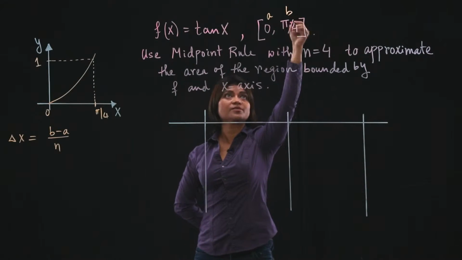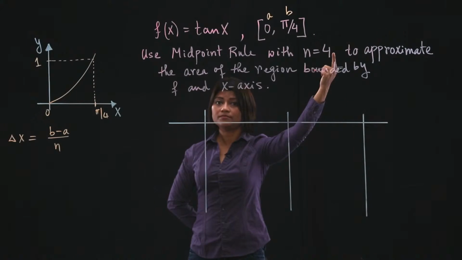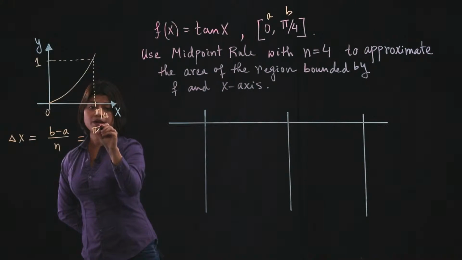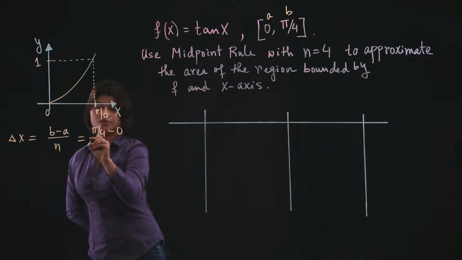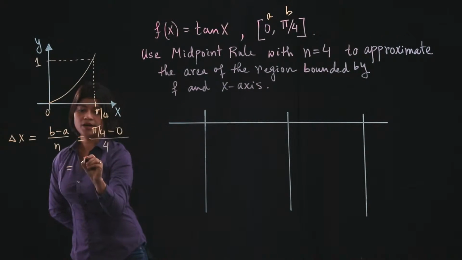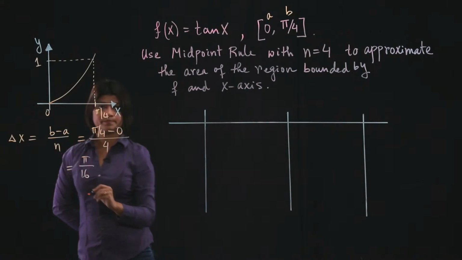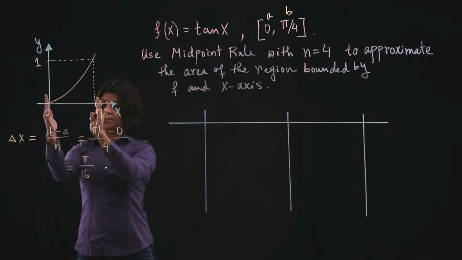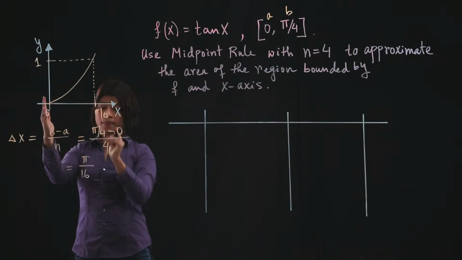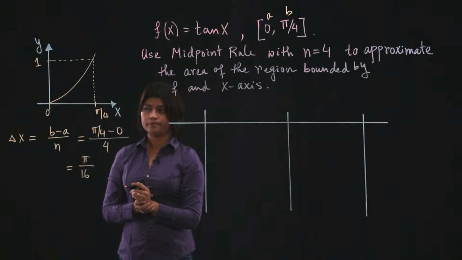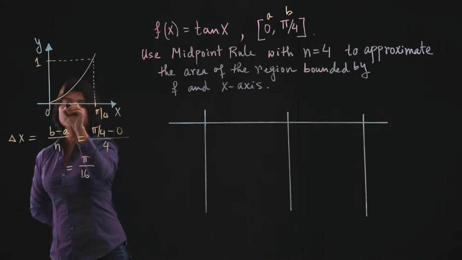A is 0, b is pi over 4, and n is 4. So let's plug them in. So we will have pi over 4 minus 0 divided by 4, and that is pi over 16. Which means when you partition this interval 0 to pi over 4, each subinterval will have the length pi over 16. Okay, so let's roughly do that.